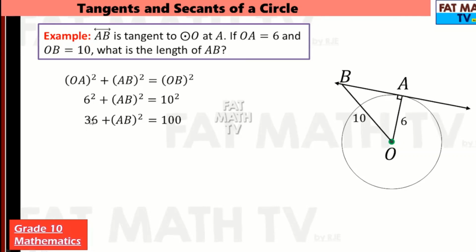It's the same as transferring 36 to the other side, where it becomes negative 36. So 100 plus negative 36 is 64. And since this is squared, to solve for AB, take the square root of both sides. The square root of 64 is 8. So this line segment AB here is 8.